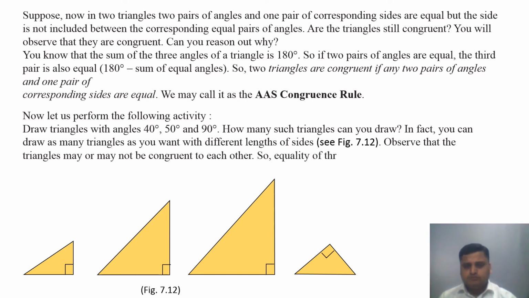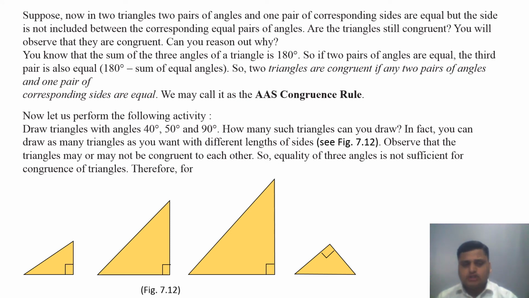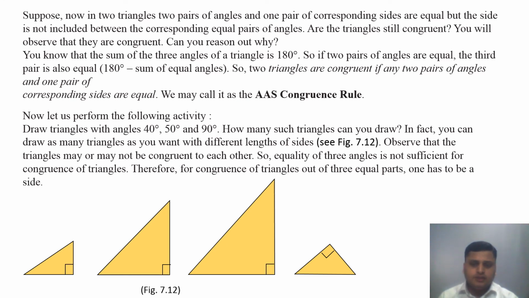So equality of three angles is not sufficient for congruence of triangles. Therefore, for congruence of triangles, out of three equal parts, one has to be a side.